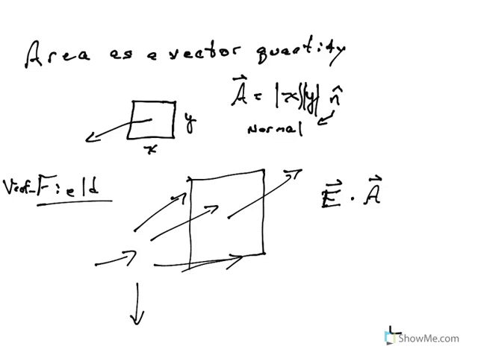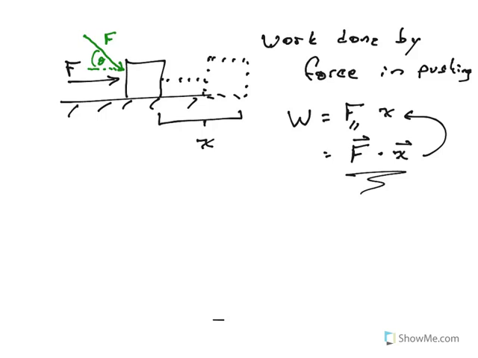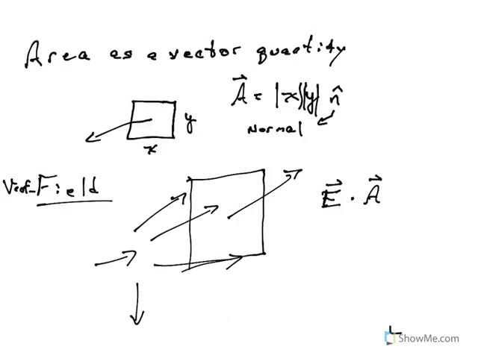How many are in the same direction? Well, just like over here with work, if you want to know how much force goes into work, it's how much of the force is in the same direction. We do the dot product. Same thing here. You have this vector field out in space. You're going to take a little area of space, and you're going to say how much of these vectors points through this space in the direction perpendicular to the surface.